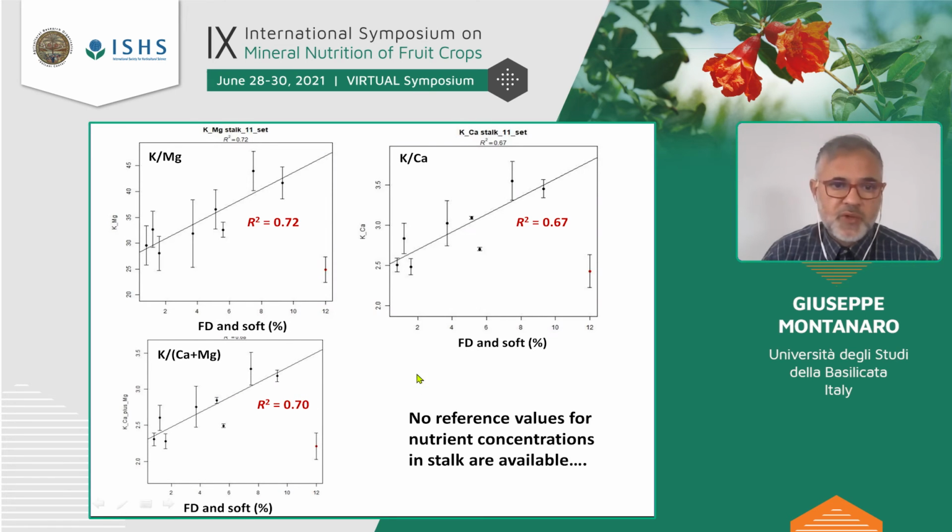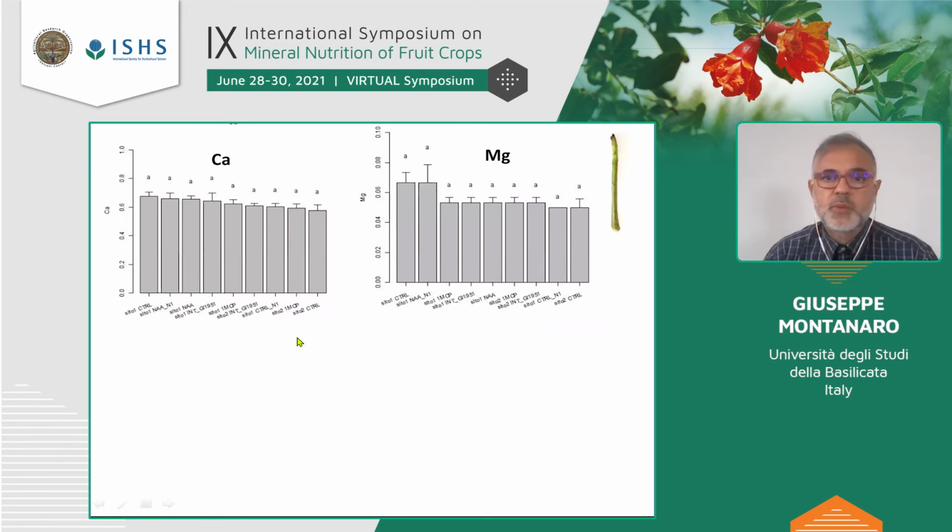Of course, we have no reference data to judge the level of potassium or calcium, but what we can see is that in the stalk, for example, we have a roughly stable value of calcium concentration across all treatments, and also for the magnesium.